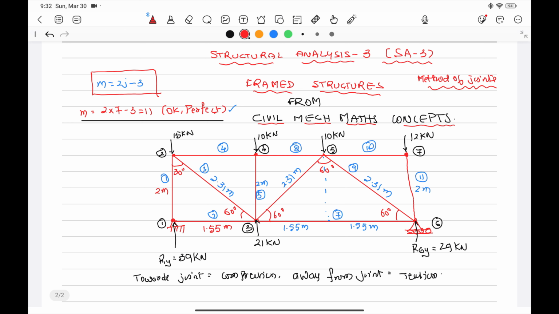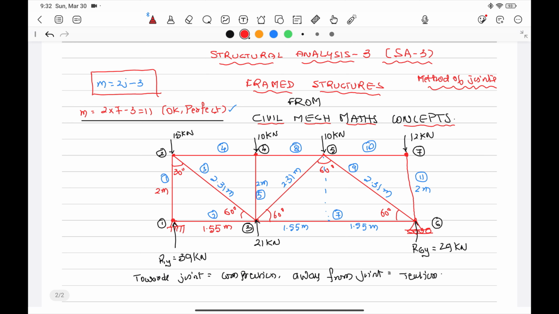Now, we will go with the method of joints. This is an introductory class for structural analysis. From the next class onwards, we will go for beams, designs, RCC, steel designs and all those things. They are all major topics. This is an introductory class to know about forces and moments.